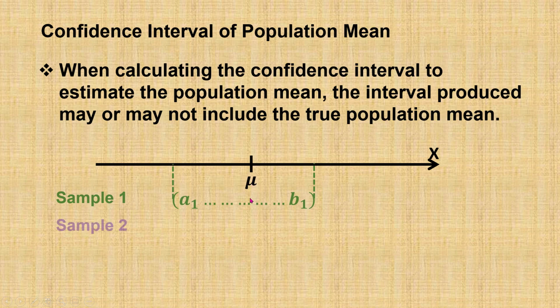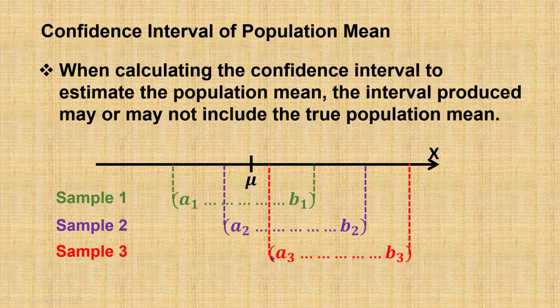Then if I continue sampling for the second sample and calculate another interval from A2 to B2, again this interval includes the population mean. If I continue to sample 3 and calculate the third interval, this time the interval starts from A3 to B3, and it is clear that this interval does not include the population mean.